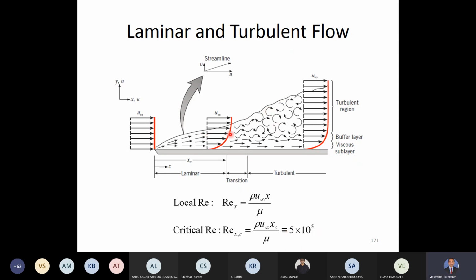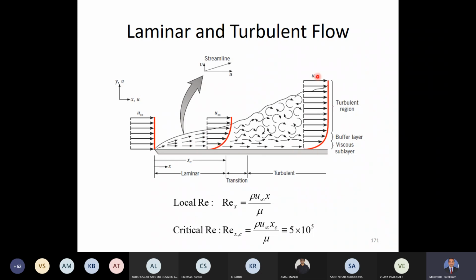In between the laminar and turbulent regions, there is a short region called the transitional region. The flow is changing from laminar to turbulent, and it will take some time or some distance of flow to change from laminar to turbulent. And also, you see the velocity profiles here. Towards the end of the laminar region, you can see that the velocity gradients are quite steep.